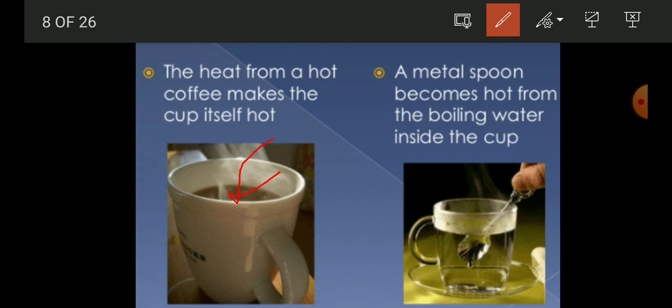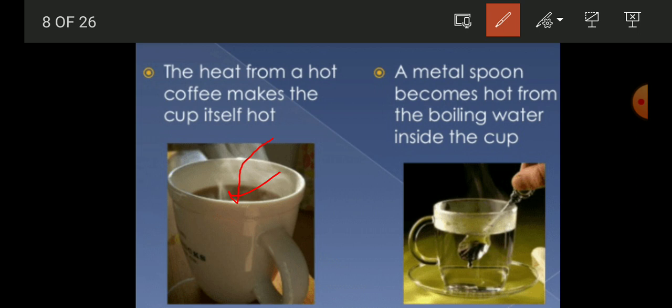But when you pour the hot thing into the cup, the cup gets hot, and this is the transfer from the coffee to the cup. This transfer of heat is said to be conduction.